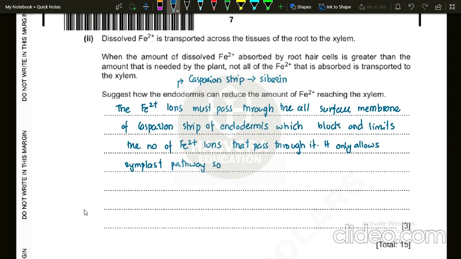With the symplast pathway, fewer hydrophilic channels will be present to carry the Fe2+ ions. And you can also write about suberin, that it is a hydrophobic material which blocks the Fe2+ cations. So this will be your answer for this question.